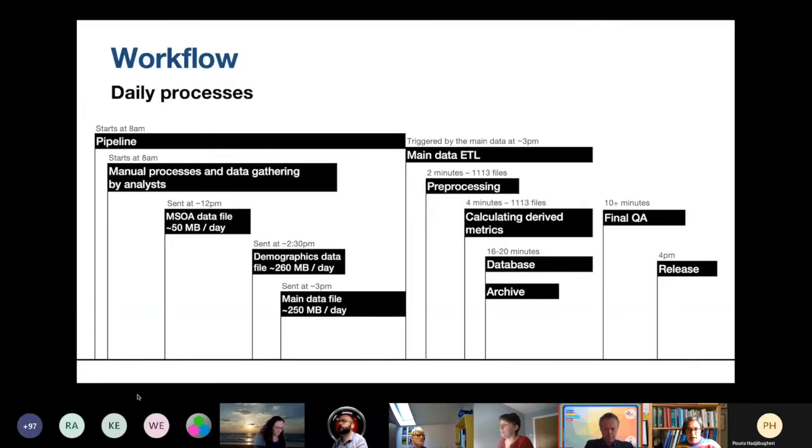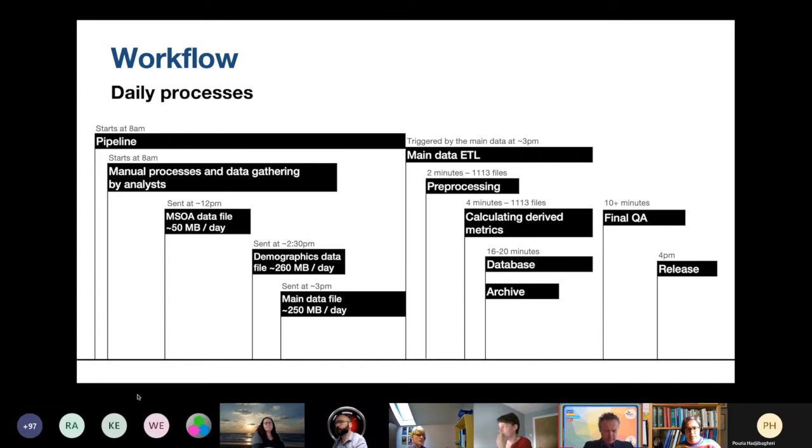So I lead the team of analysts that start work at around 8 o'clock in the morning, gathering data through the manual processes that we do, and also doing some QA and processing on the cases data that we get in around that time to make sure that it all matches up with the data files that other parts of PHE are using, and that process takes a couple of hours.